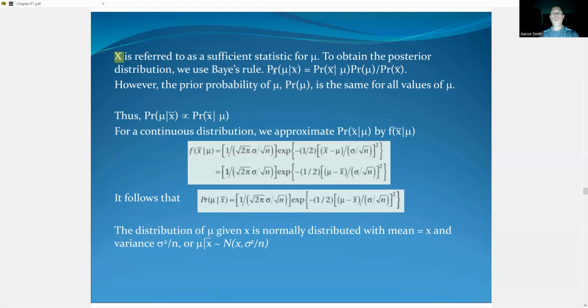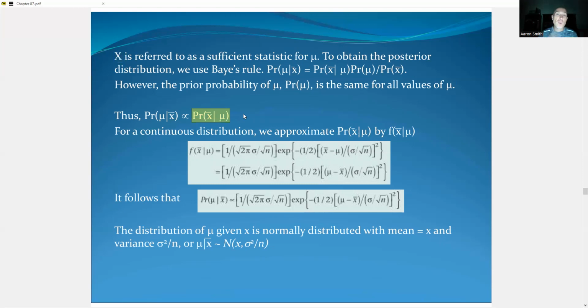So here I'm just using Bayes' theorem. Rewriting Bayes' theorem basically takes conditional probability and switches the order by rescaling. However, the prior probability of mu is the same for all values of mu. Thus, the probability of mu given X bar is proportional to the probability of X bar given mu.